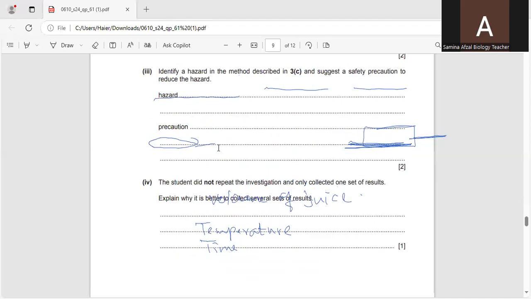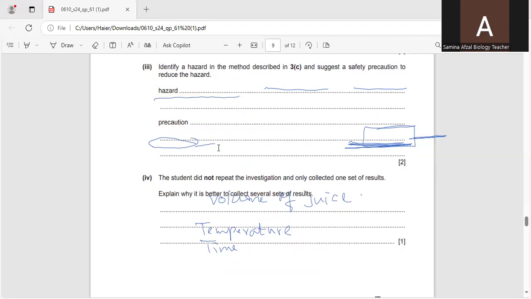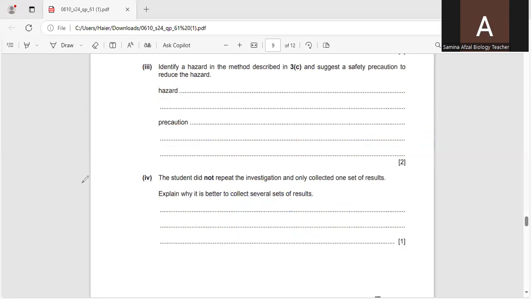The next question is: identify a hazard in the method described in 3C and suggest a safety precaution to reduce the hazard.